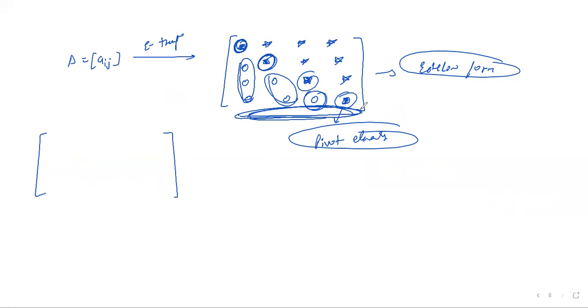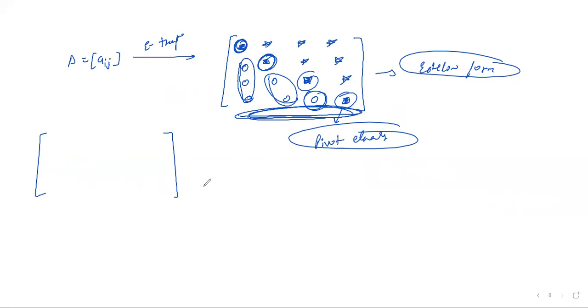We use elementary transformations on matrices to reduce them to the echelon form for simplification, because we apply the echelon form in finding the basis, the inverses, the ranks, and the solutions of systems of linear equations.